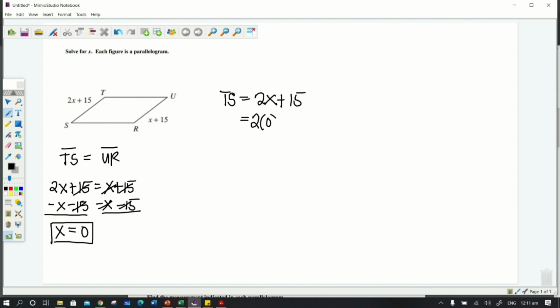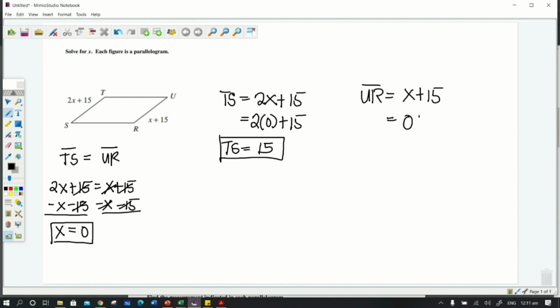That's 2 times 0 plus 15. 2 times 0 is 0, plus 15, so the answer is 15. Now to check if that is also true, we substitute the value of x in side UR. That is x plus 15. So the value of x we obtained is 0 plus 15. So 0 plus 15, UR is equal to 15. So that means that the value of x is equal to 0.